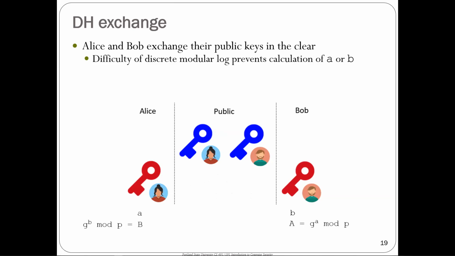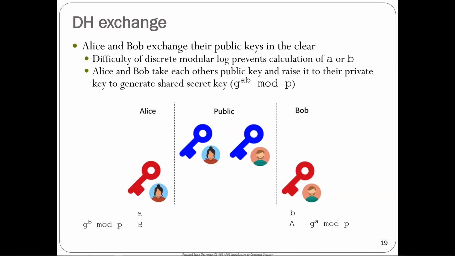What they can do is they can take each other's public key and raise it to their private key. And what they're going to do, this operation generates G to the AB mod P. And this is the shared secret key that they are then going to use. So this is what Alice does.